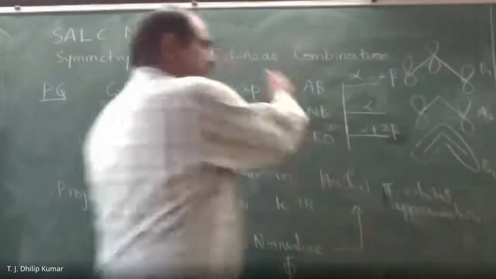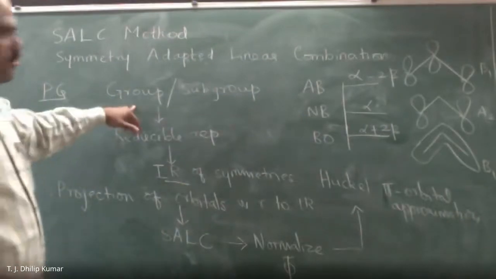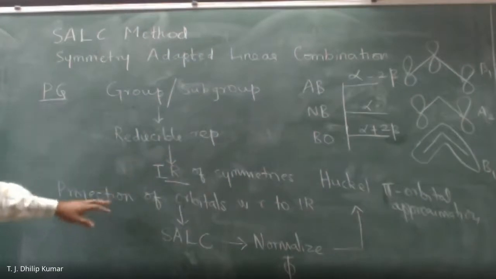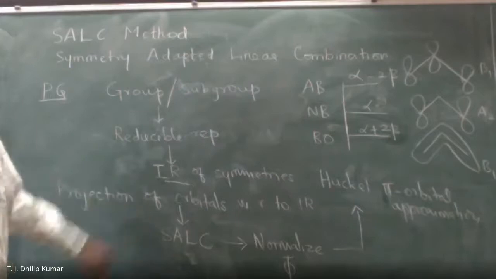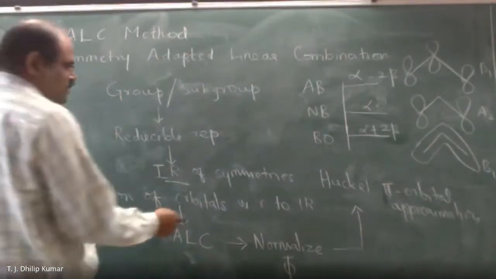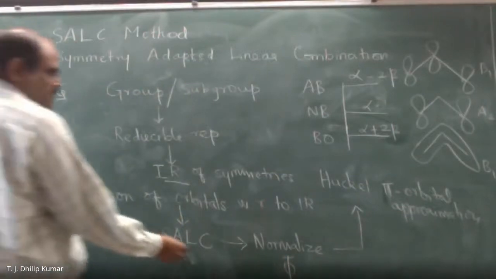So the entire process I just summarized in a few steps. We start with the group and then the reducible representation we wrote for orbitals. IRs we found out, projected out the orbitals with respect to those IRs. Then we applied the symmetry adapted linear combinations. You remember we summed up 2 functions and then we subtracted 2. And whatever remained we normalized.